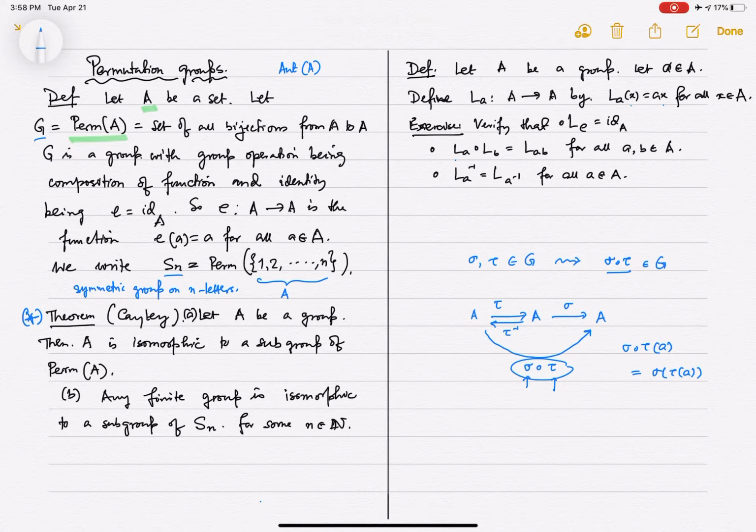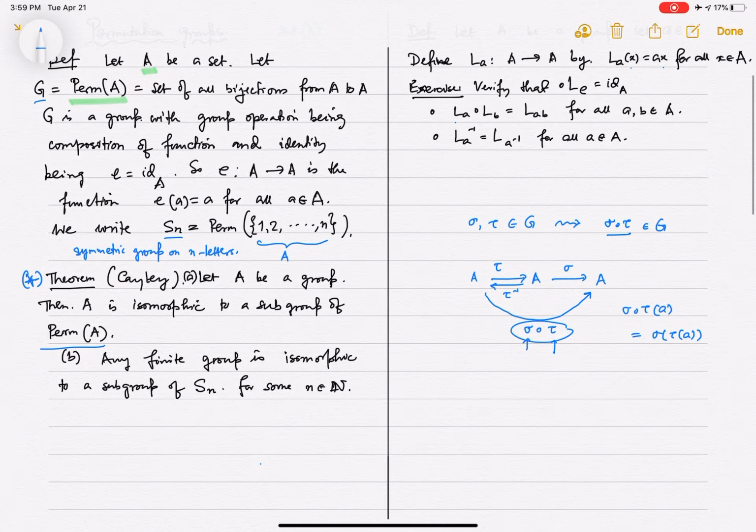And A can be identified with a subgroup of this group perm of A. Note that perm of A is much, much bigger usually than A. If A has 5 things, then perm of A has 5 factorial things, because there are 5 factorial bijections from a set of size 5 to itself. However, you can identify it in there. In particular, if you have a finite group, then it's isomorphic to a subgroup of one of these symmetric groups.